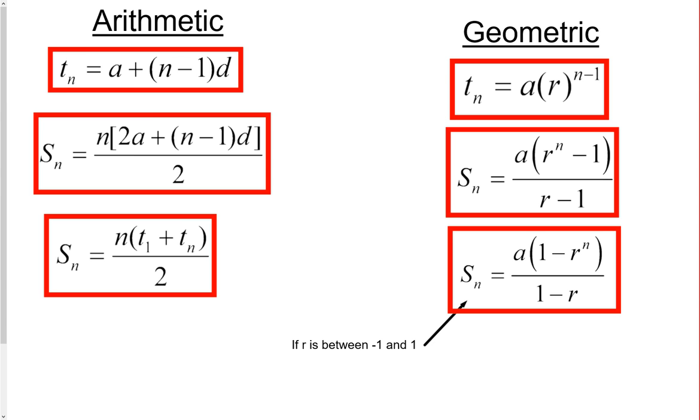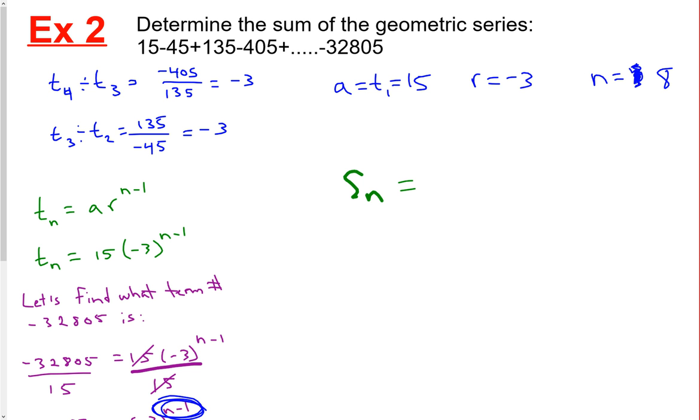So this is what we covered yesterday. So the sum of a geometric series is the first term times the common ratio to the power of the number of terms minus 1, and all that is over the common ratio minus 1.